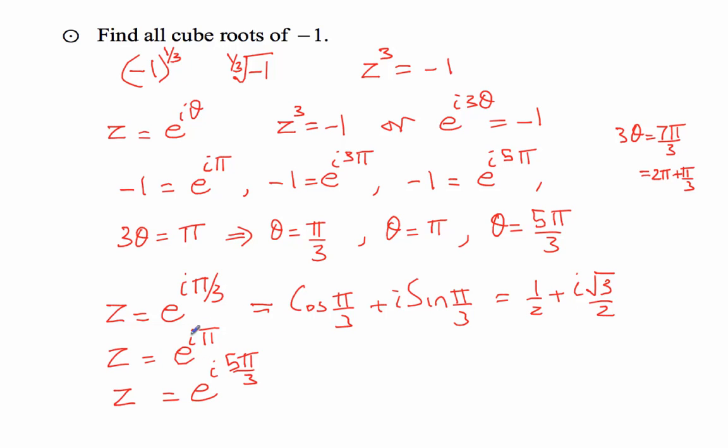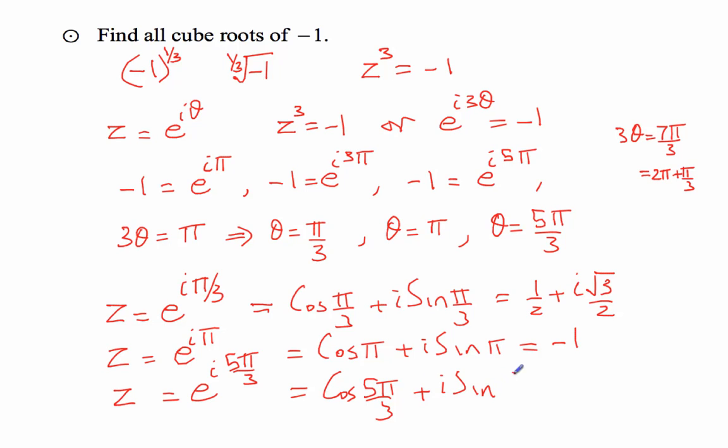If z is e to the i pi, that's cosine of pi plus i sine of pi, and that's just -1. And if you do this, this is cosine of 5 pi by 3 plus i sine of 5 pi by 3, and that is half minus i square root of 3 by 2.